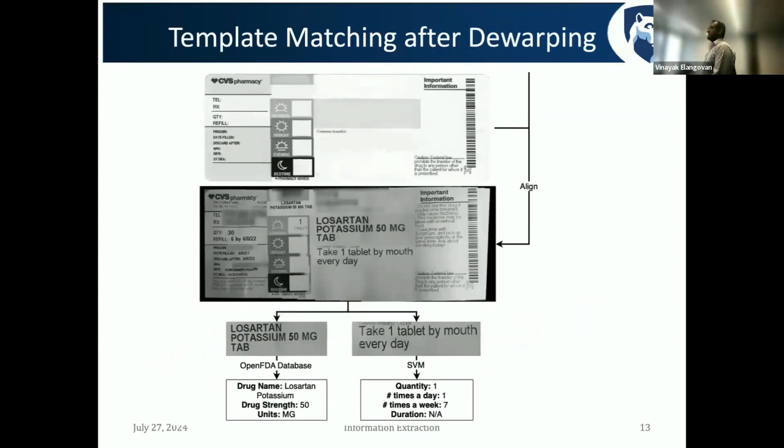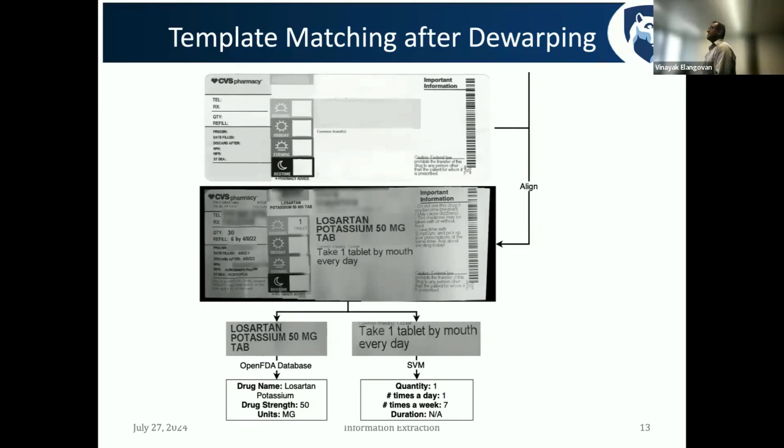So we applied the dewarping technique, and we extracted those rectangular images after we stitched all those images. Now we're going to apply our template. Once you match the template with the key points here, we can extract more information. For example, if I want to get the information about the quantity or when the refill is, I can get that.